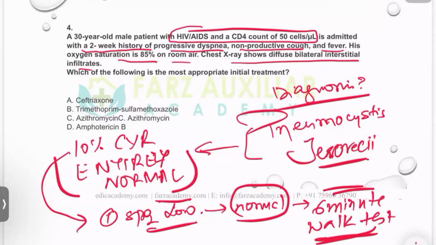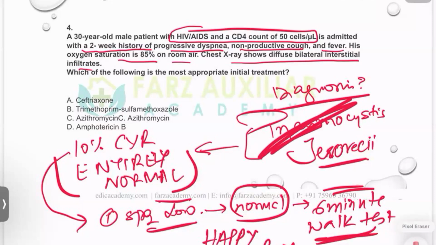And is there anything else that occurred in COVID and also occurs in PCP pneumonia? Happy hypoxia. The patient is having saturation of 88-90% and they don't feel anything. They look fine.